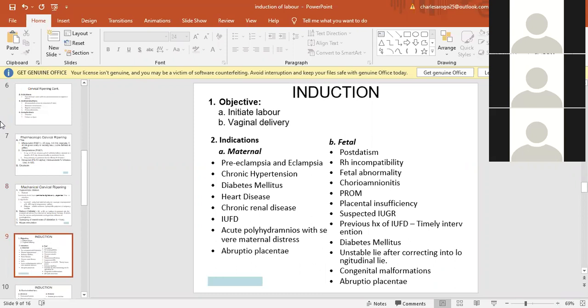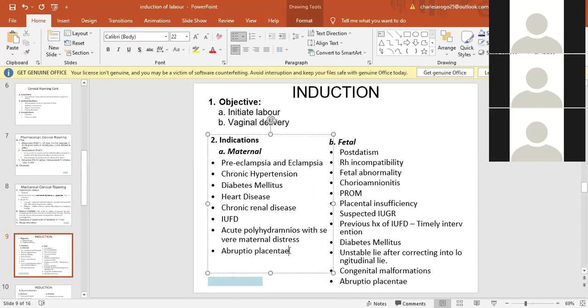A common one is people going for a wedding, and they don't want to go there with the baby there doing all those cakes and so on. So they want the tummy trim and looking good. So that is not an indication for induction of labor.